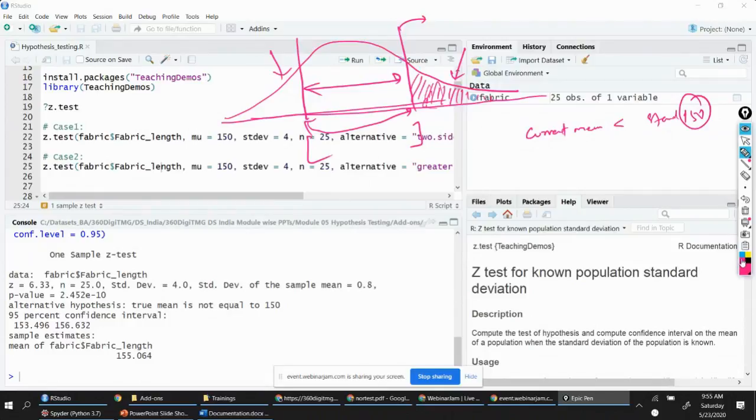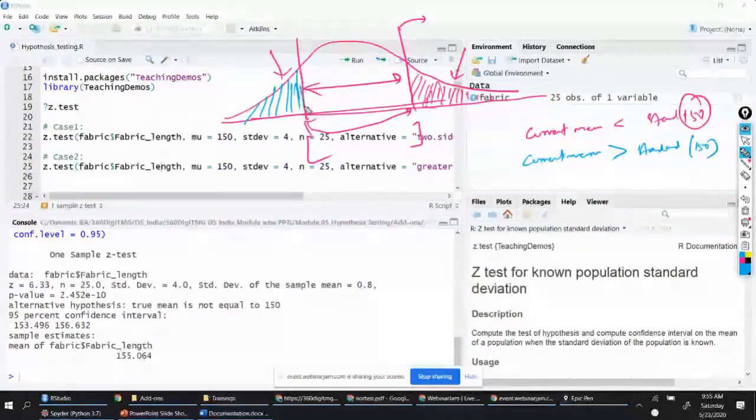Okay. Now for the alternative hypothesis, you're saying the current mean is greater than standard 150. That means this interval that you're getting is greater than 150. That means your 150 is lying in this blue portion. Right?